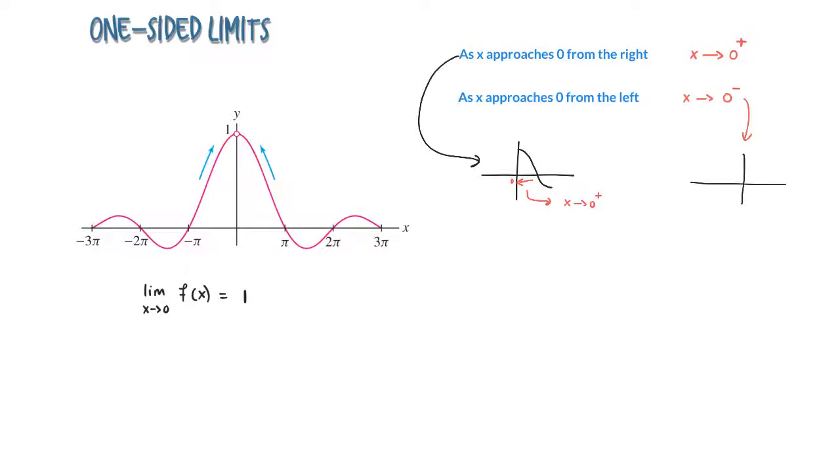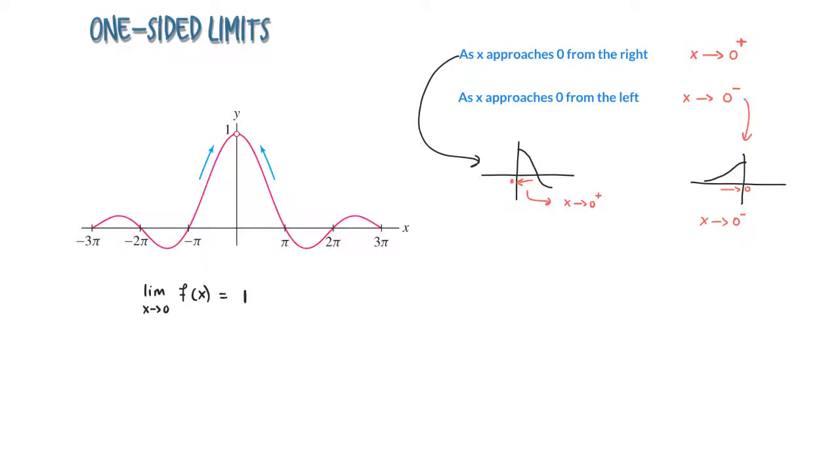Imagine now that you have this piece of the graph right here. You are now approaching 0. So here is 0. You are approaching it from the left. So symbolically, you're going to go x, arrow, 0, and a tiny little negative right above 0. So this is now saying as x approaches 0 from the right, as x approaches 0 from the left.